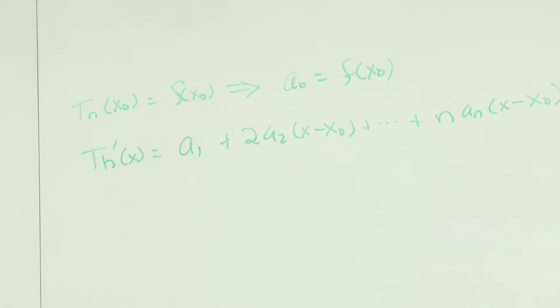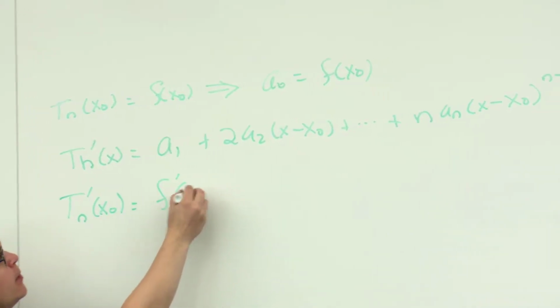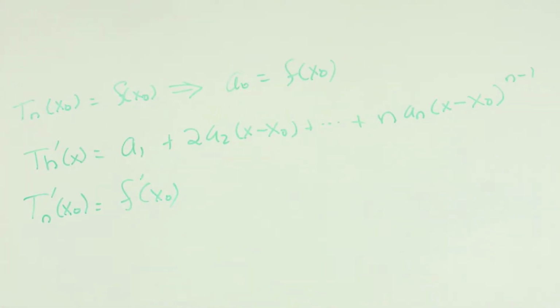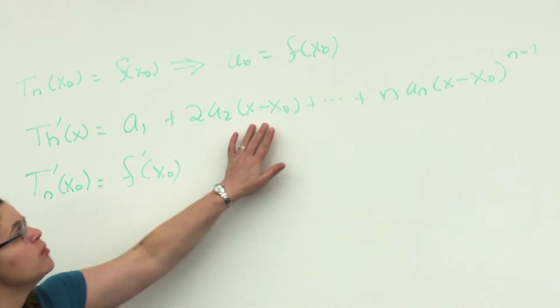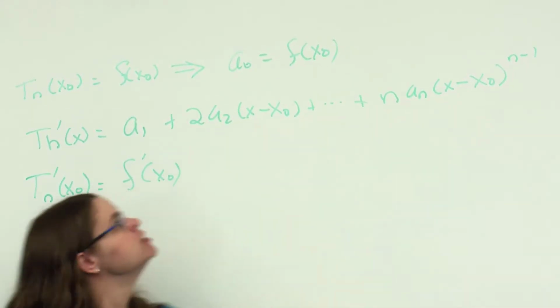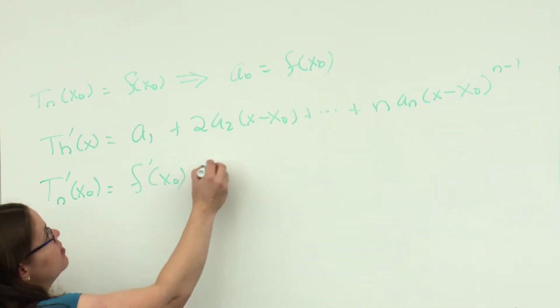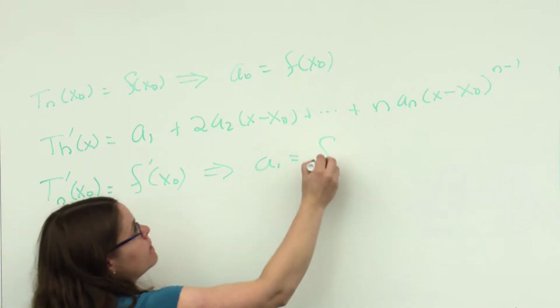Okay, and then again, we ask that these things agree with each other. So I'm going to plug in x0, the point that I really care about, and say I want my polynomial to have the right derivative at that point. And we're going to see the same kind of thing. Plug in x0, and most of these terms vanish, and all that's left is my a1.